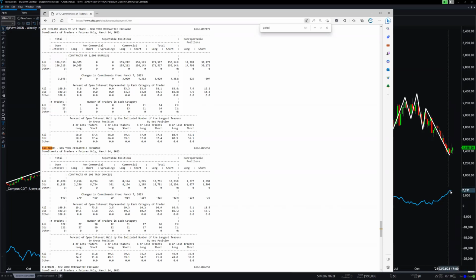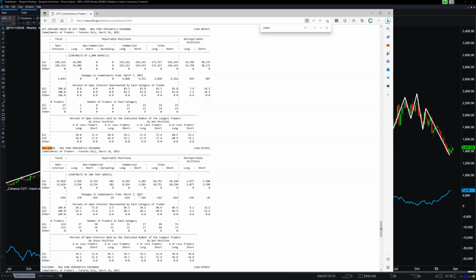How would we check if that's the prior week? We could simply check by looking at the changes in the commitments from March 7th. And here we can see the changes of the commitments of those traders. So they reduced their longs by 614 contracts and they reduced their shorts by 184 contracts.